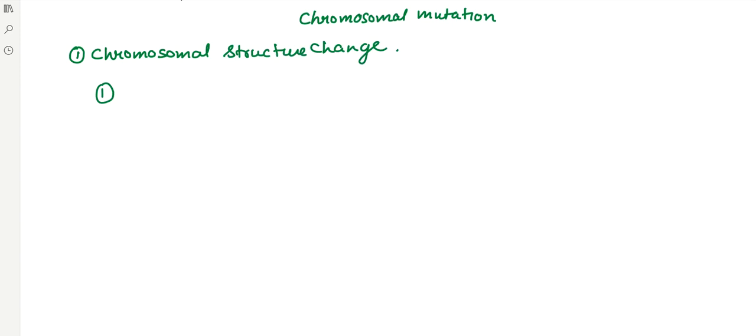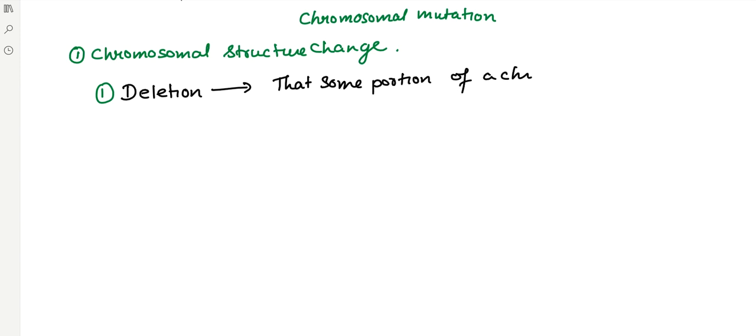So if we see, our chromosome structure can be changed due to deletion. Now if I am talking about deletion, what happens here? Some portion of a chromosome gets deleted. Now deletion can take place in two different ways.